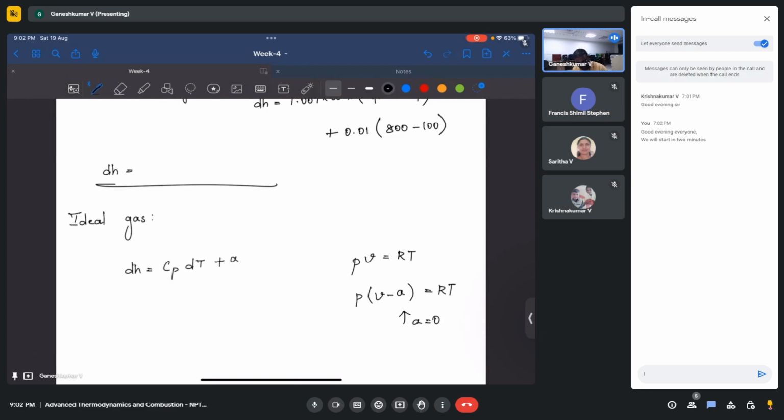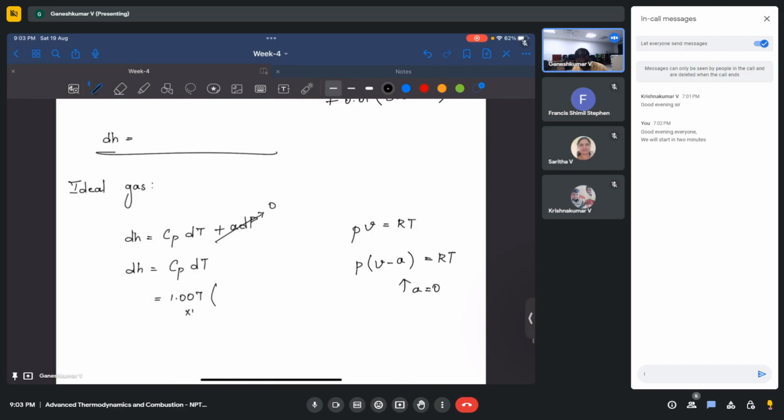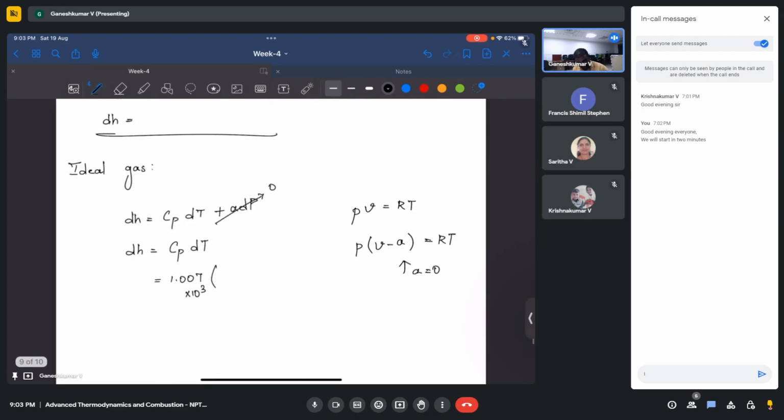So this A dP will become 0. So for an ideal gas, it is true that dH equal to Cp dT, which you can write as 1.007 into 10 to the power 3. Please be careful. And 420 minus 34. This is your ΔH.